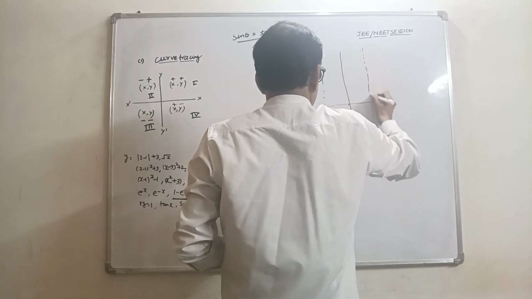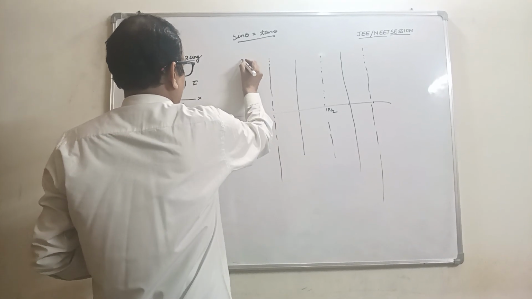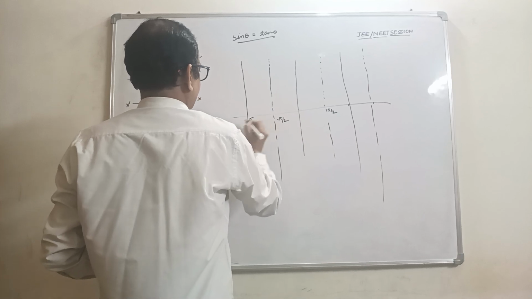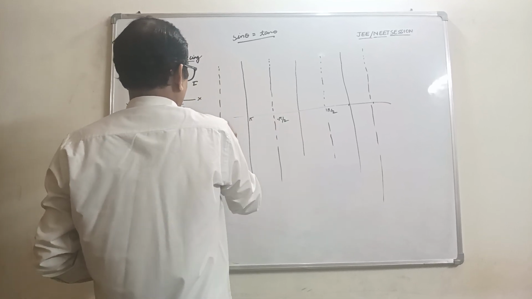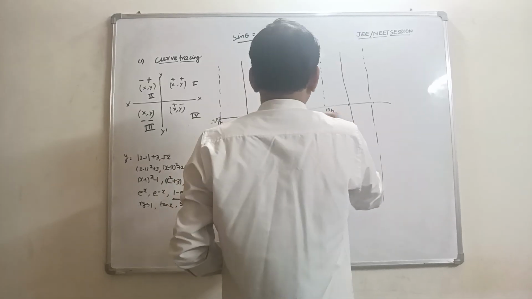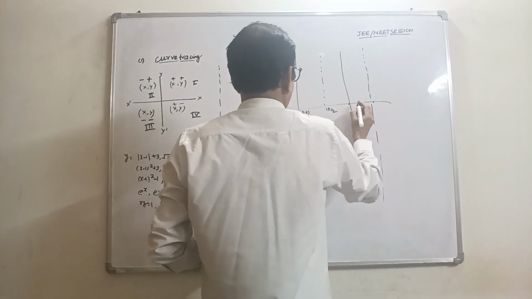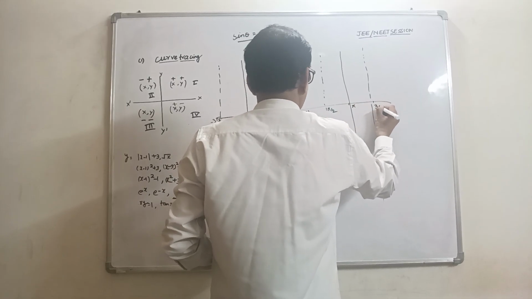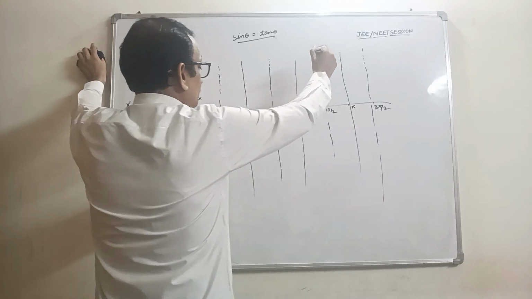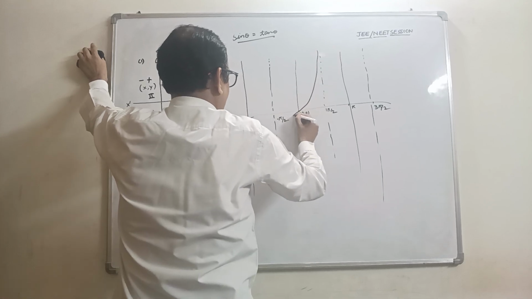These are lines of asymptote, and this is 0. So tan 0 is equal to 0, and tan pi by 2 becomes infinite, and minus pi by 2 also infinite.